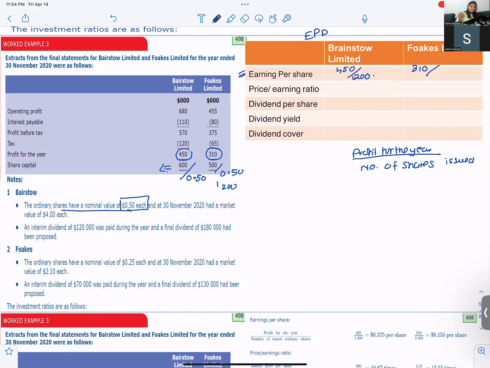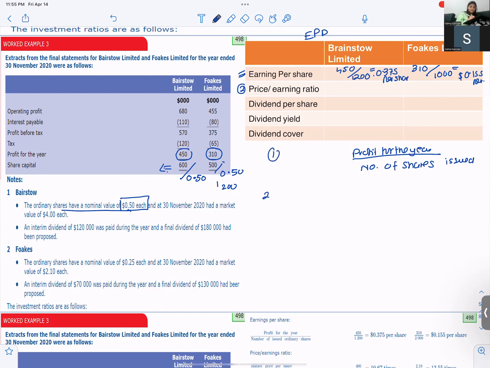And for Folks Limited, it will be 500 divided by 0.50, so you're going to have issued 1,000 shares. So the earning per share for Grain Straw Limited is 0.375 per share. And for Folks Limited, it is $0.155 per share.